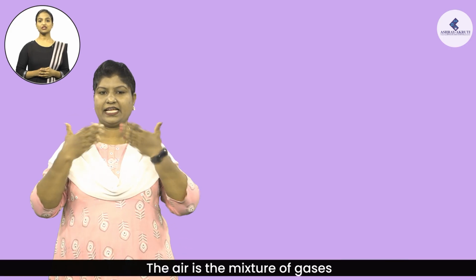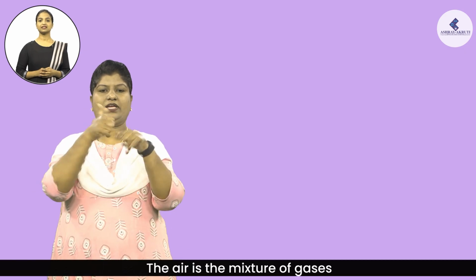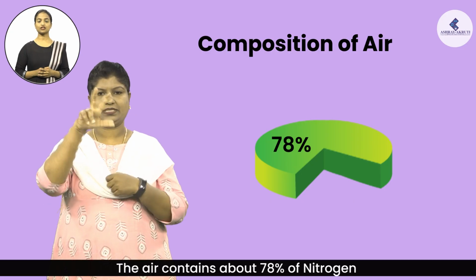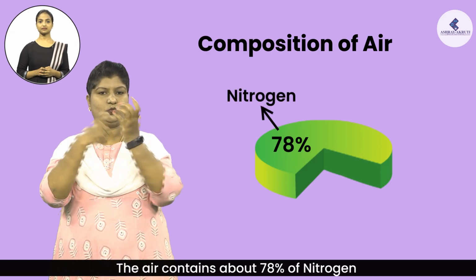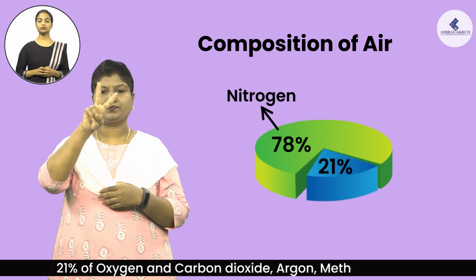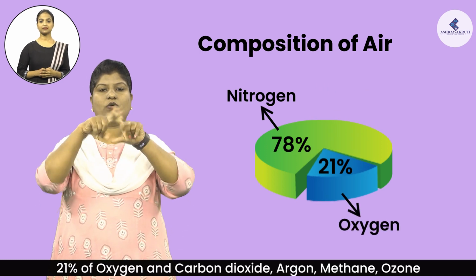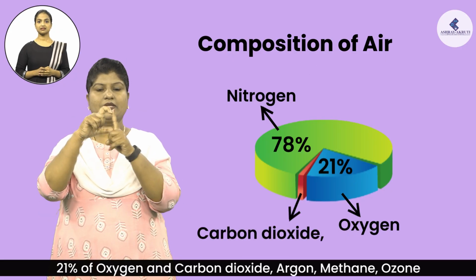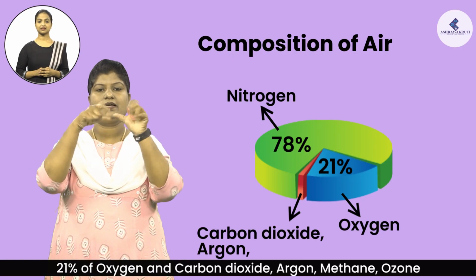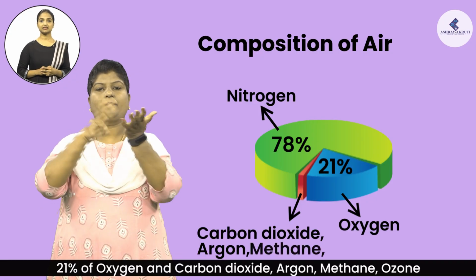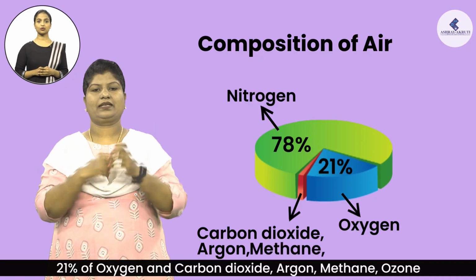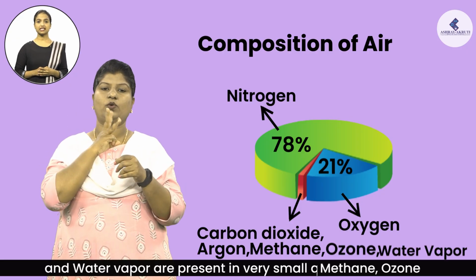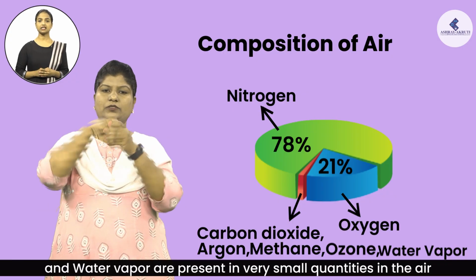The air is a mixture of gases. The air contains about 78% of nitrogen, 21% of oxygen, and carbon dioxide, argon, methane, ozone, and water vapor are present in very small quantities in the air.